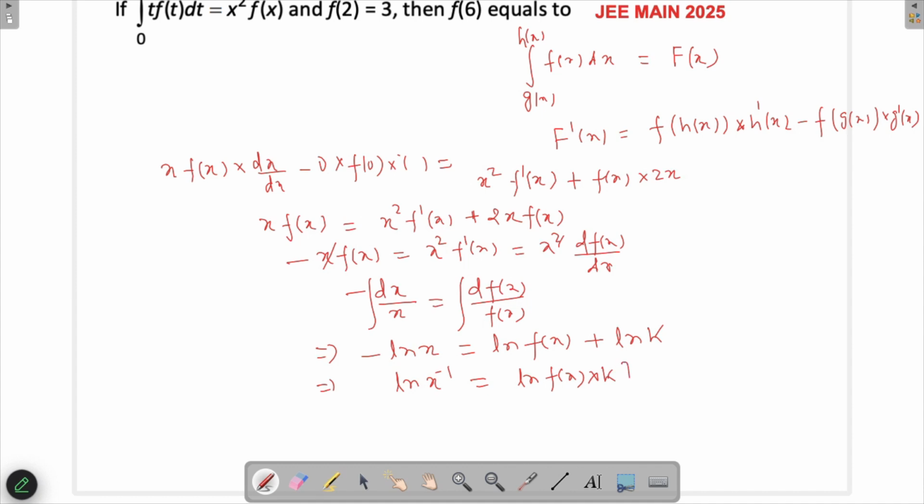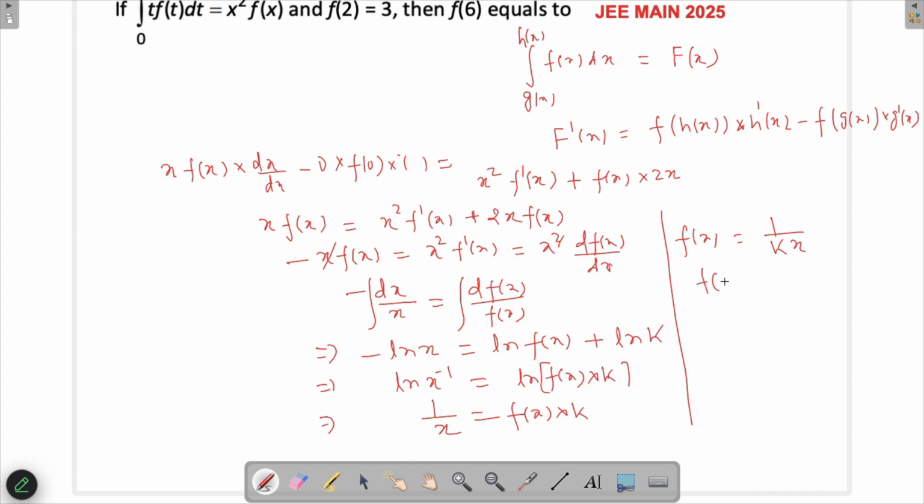Then once we multiply this, what we get is 1 by x equals f(x) into k. Now your f(x) has come out to be 1 by kx.